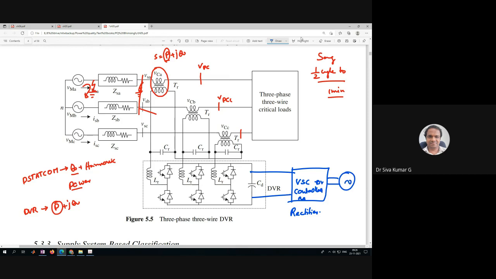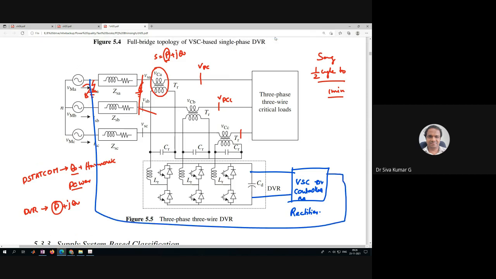In some of the topologies, what they do is take the line this way, this way. But that also is not correct. Why?